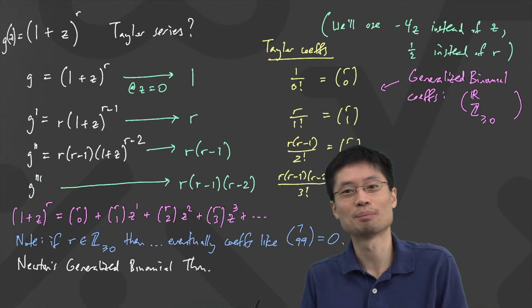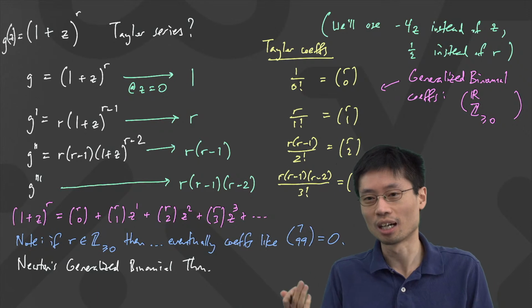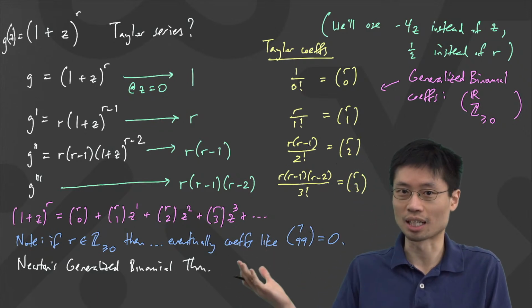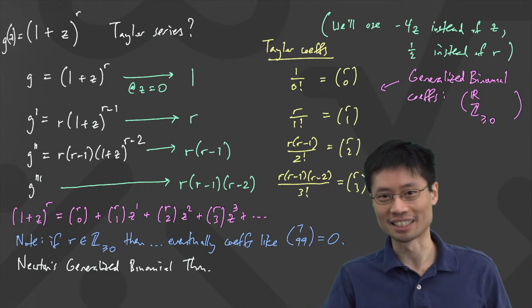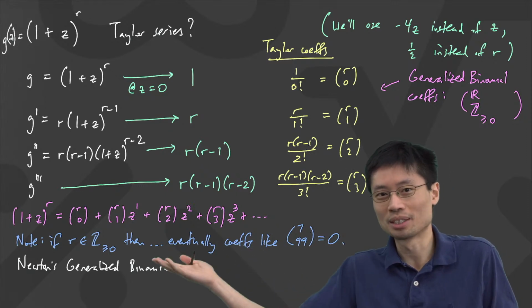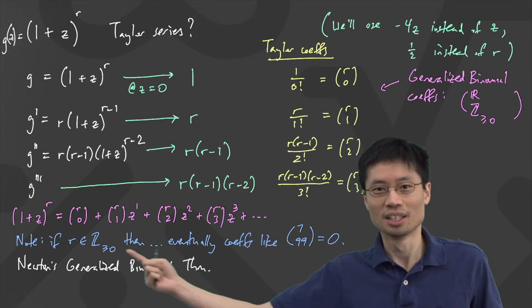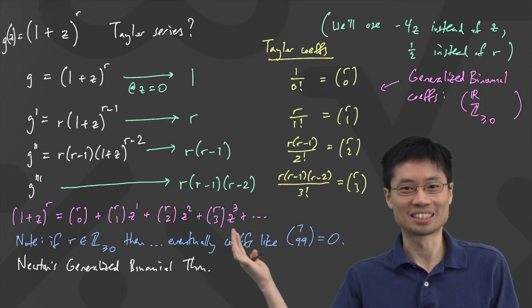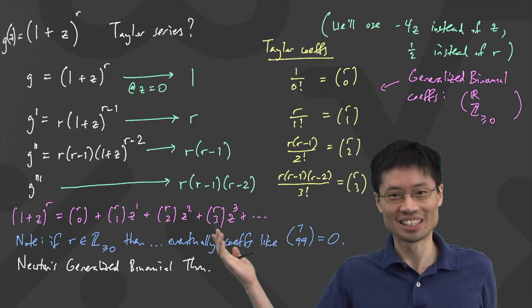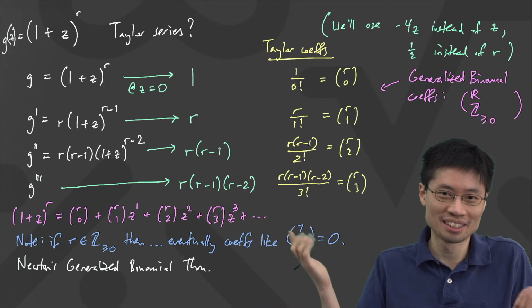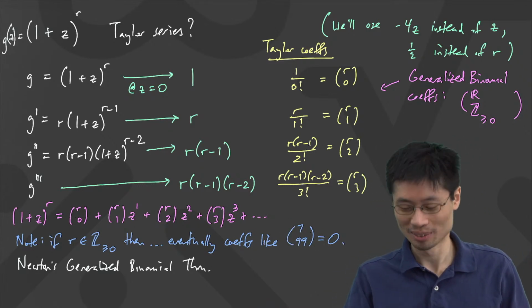It generalizes the binomial theorem because if r were a non-negative integer, this would just stop. So now let's put everything together. The easiest way to remember the generalized binomial theorem is to do the binomial theorem with dots. That's really all that's going on here. At some point the terms become 0, but that's just adding zeros.